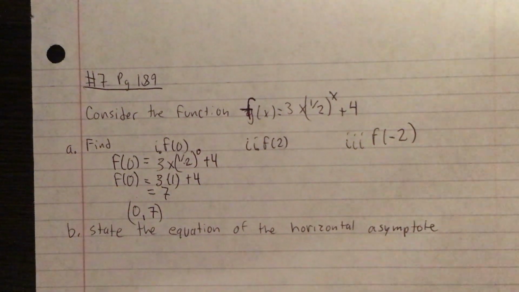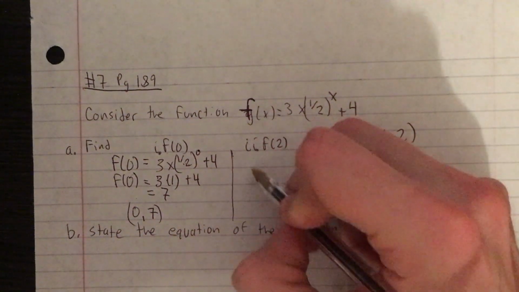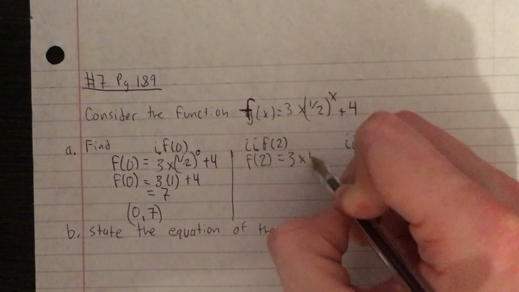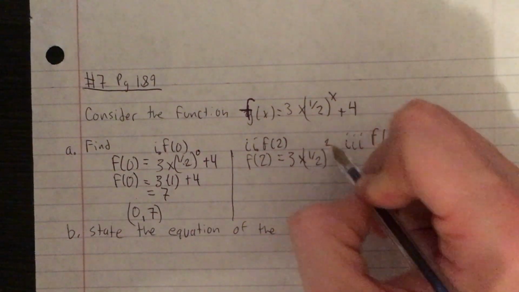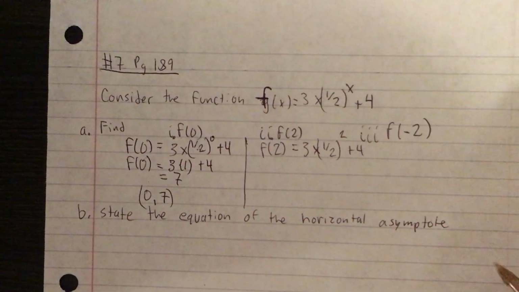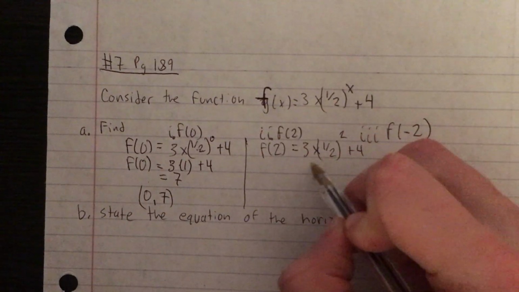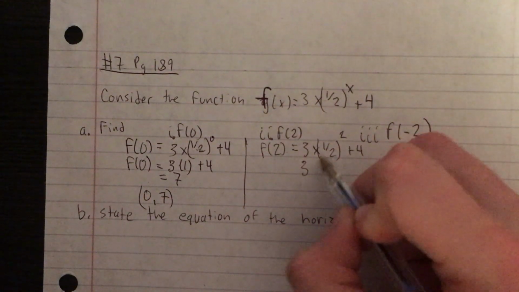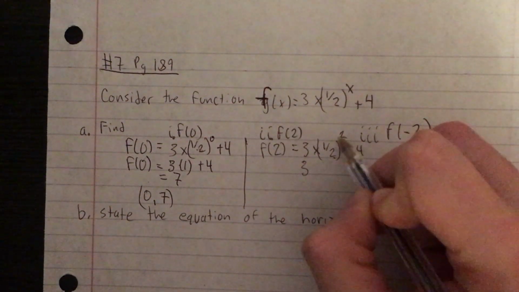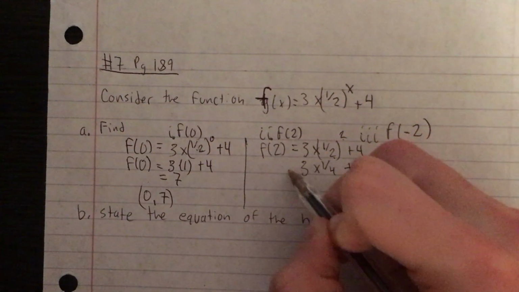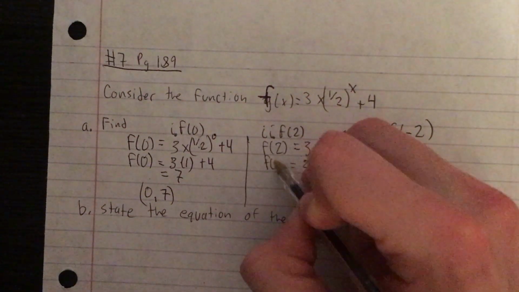From that, the next one we're going to do is 2. So f of 2 equals 3 times 1/2 squared plus 4. That's going to be 3 times, so 1/2 squared is 1/4, plus 4 equals f of 2.